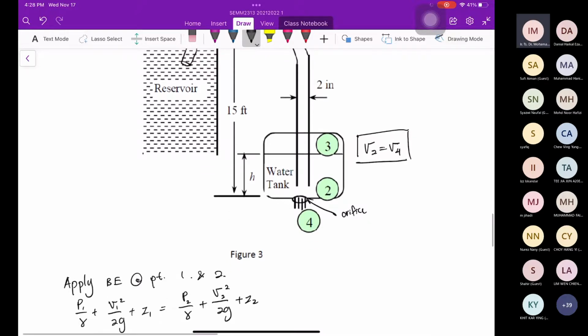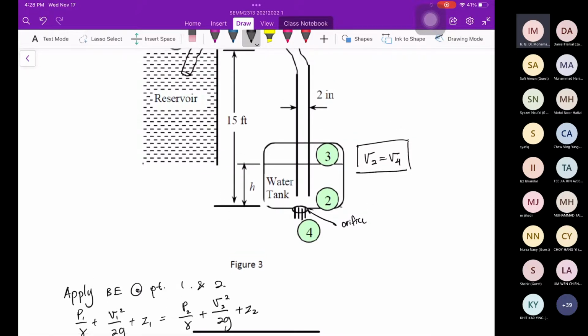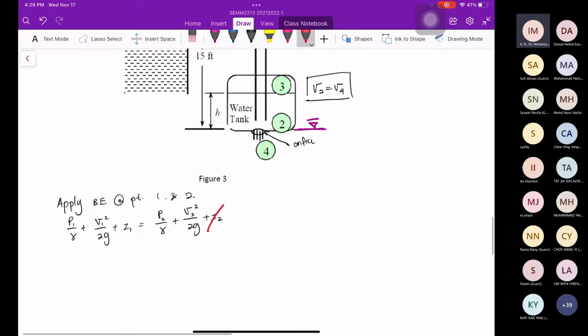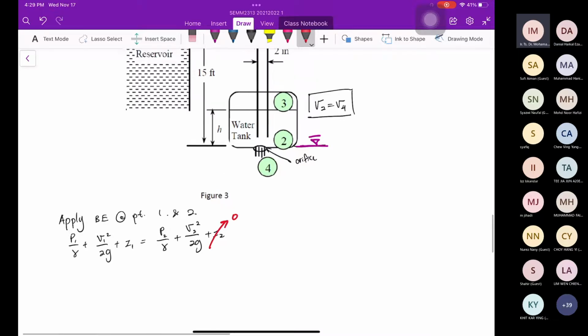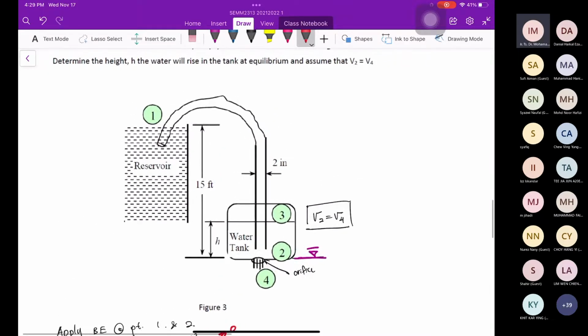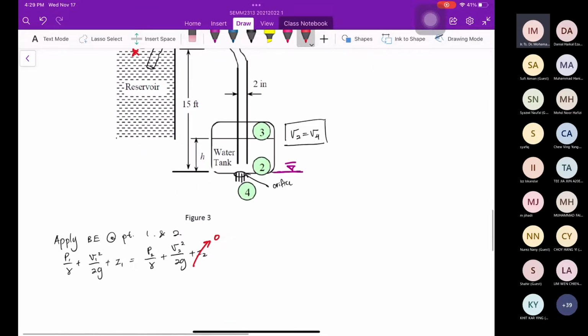Now, we can set this one as a reference line. So that means Z2 automatically equal to 0, so Z2 cancels. P1 is at this level, so definitely P1 is atmospheric pressure, automatically equal to 0.